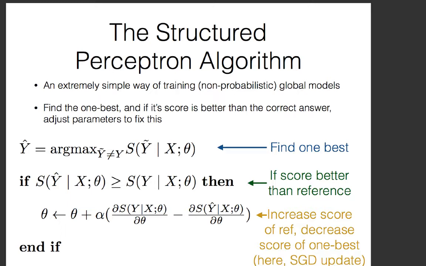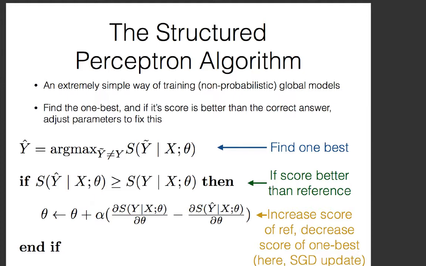The score function, you can calculate it in any way. You can create a neural network that assigns a score to each decision. This could be the thing that you would normally put into your softmax, but you don't put it into a softmax.